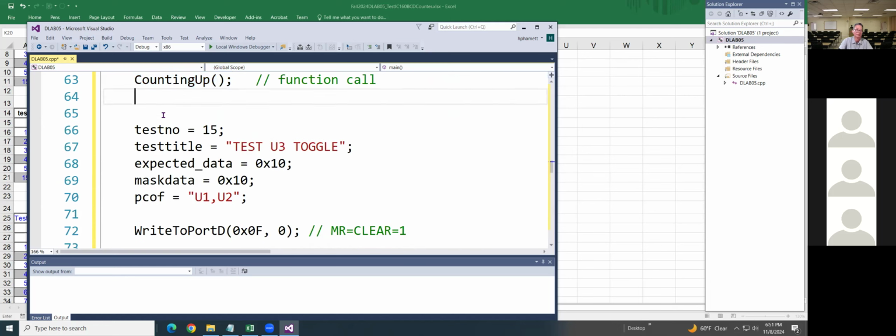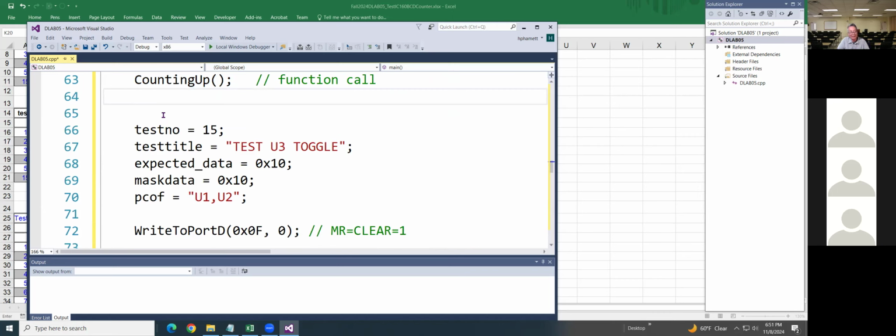So, normally, they're using the function. They try to make a separate program to do one thing. Okay? Like later on, you can see I get counting up, counting down. Okay?